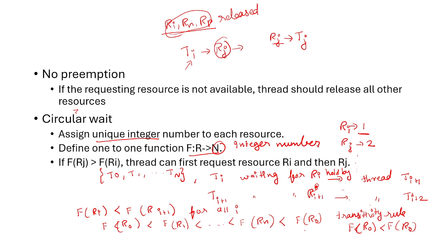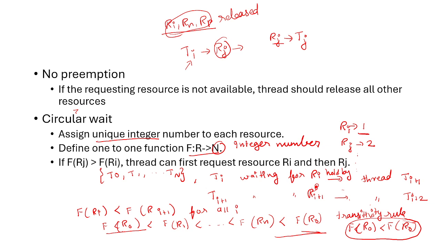Here we have one f of R0, and here we have one more f of R0. So this condition will definitely not happen. This is not true, right? So the circular wait won't happen at all.